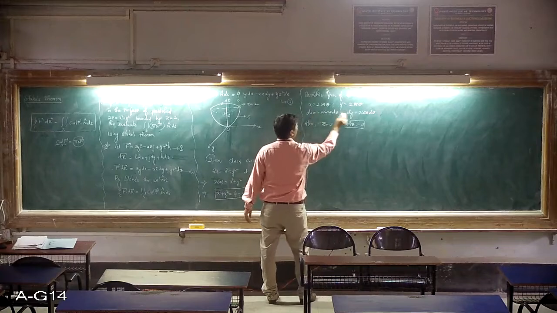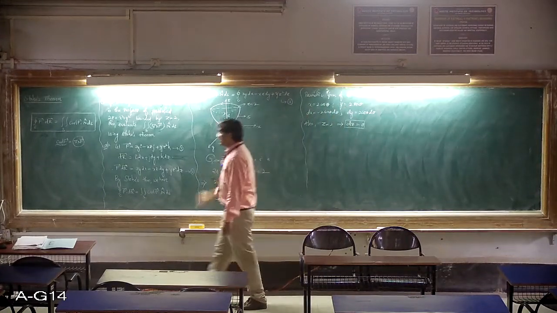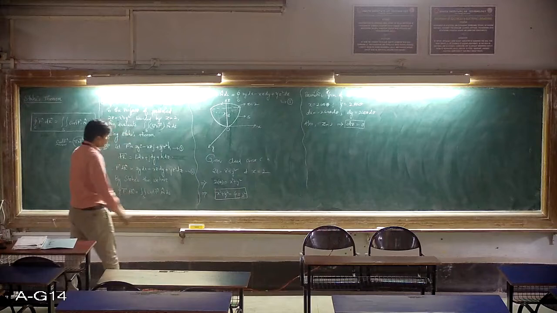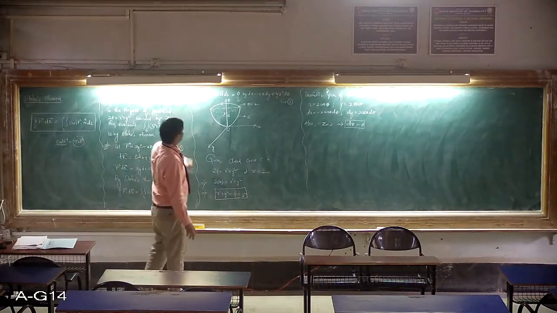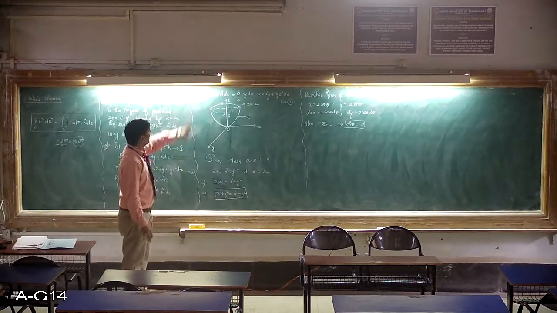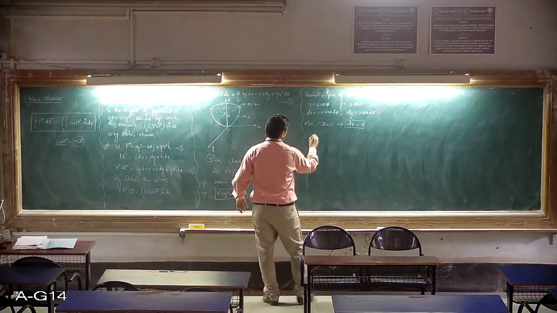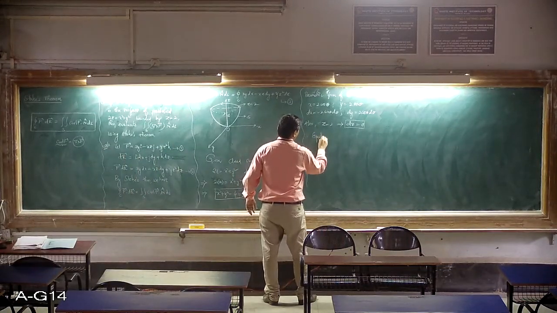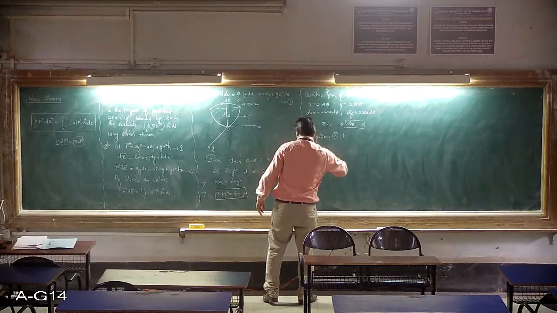So dx is there, dy is there, dz is there, x is there, y is there, and z is also there, right? So now here you have equation 3. Therefore equation 3 becomes, one more point.